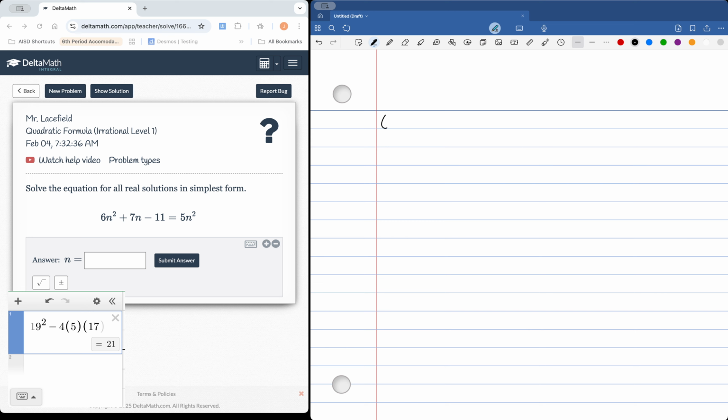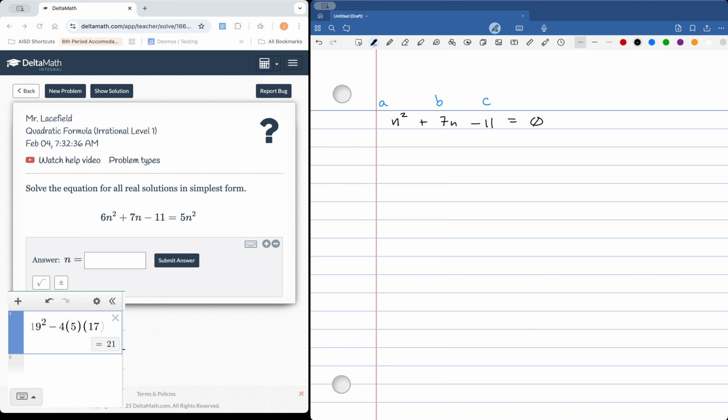Okay, so we have 6n squared plus 7n minus 11 equals 5n squared. First thing I'm going to do is take this 5n squared and make it go to 0, which means I'm going to subtract 5n squared from 6n squared, which means we're left with just n squared. So now we have our a, which is 1, our b, which is 7, and our c, which is negative 11.